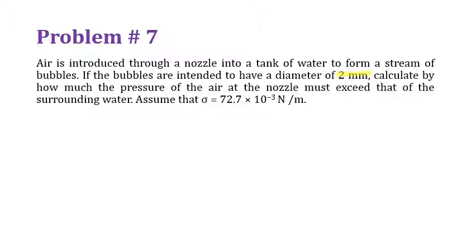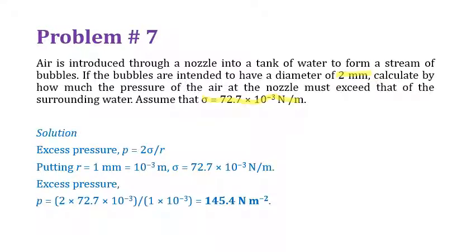As we know, the pressure because of the surface tension is in excess of the atmospheric pressure. So basically we need to calculate this pressure P, which will be for a liquid droplet, and the surface tension value is given as 72.7 × 10⁻³ Newton per meter.